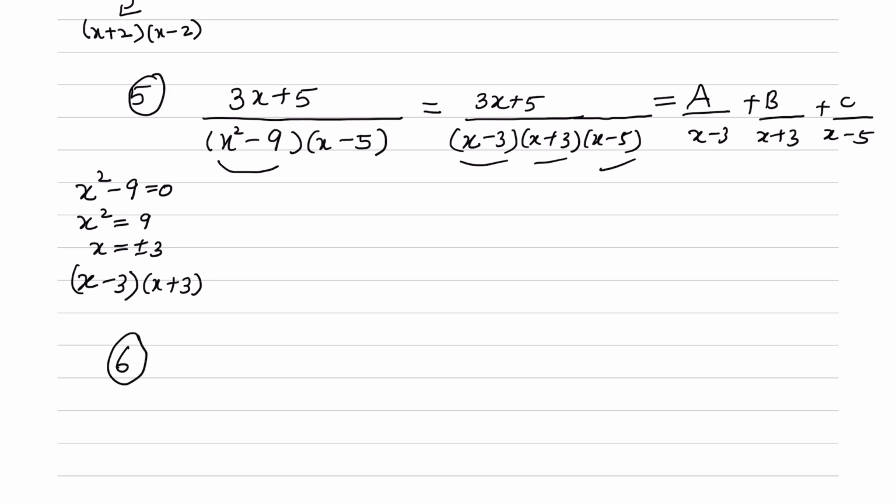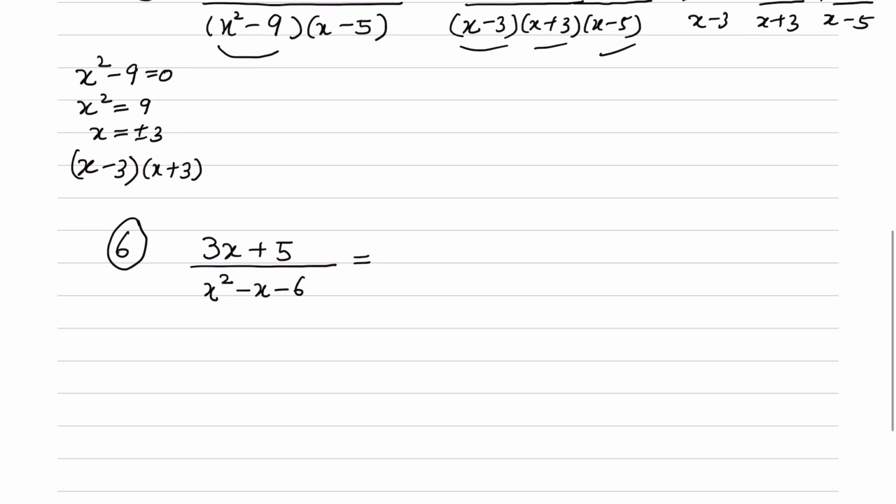Let's look at another rule. This time we have (3x + 5) divided by x square minus x minus 6. Again, this time in the denominator we have a 2 degree factor. But whenever we have a 2 degree factor, we will have to check if we can factorize this.